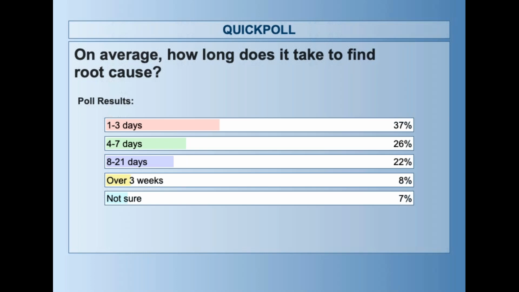So a lot of these time frames are dictated by the industry and the regulations that are imposed on you. I like to see that 8 to 21, because a lot of regulations will do that. It's impressive that 1 to 3 days is awesome. That's great. You get to the root cause, that problem doesn't come back, and you implement your CAPAs.